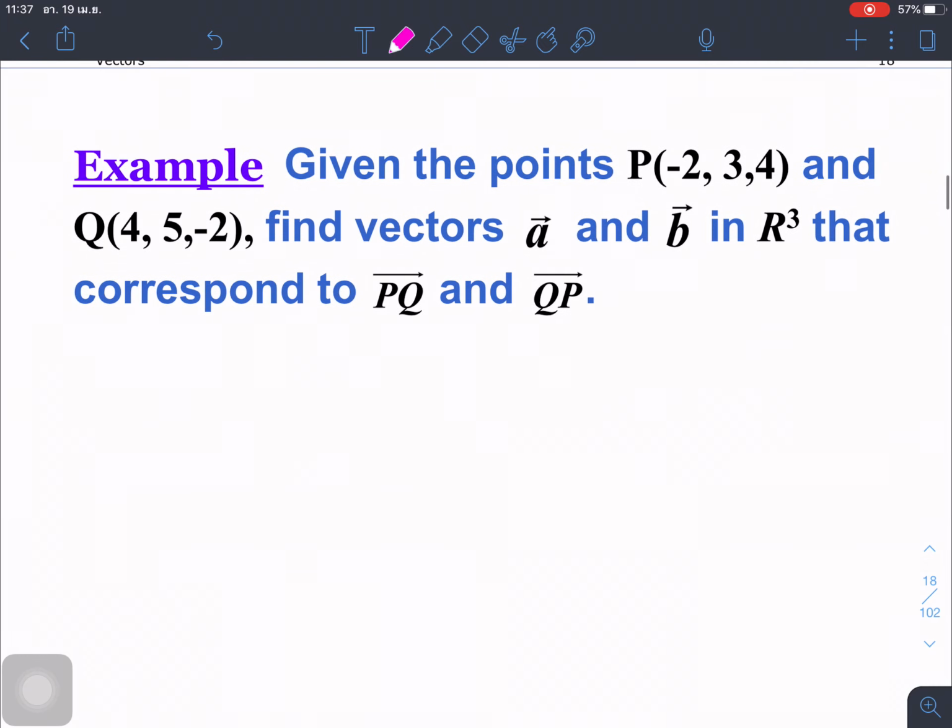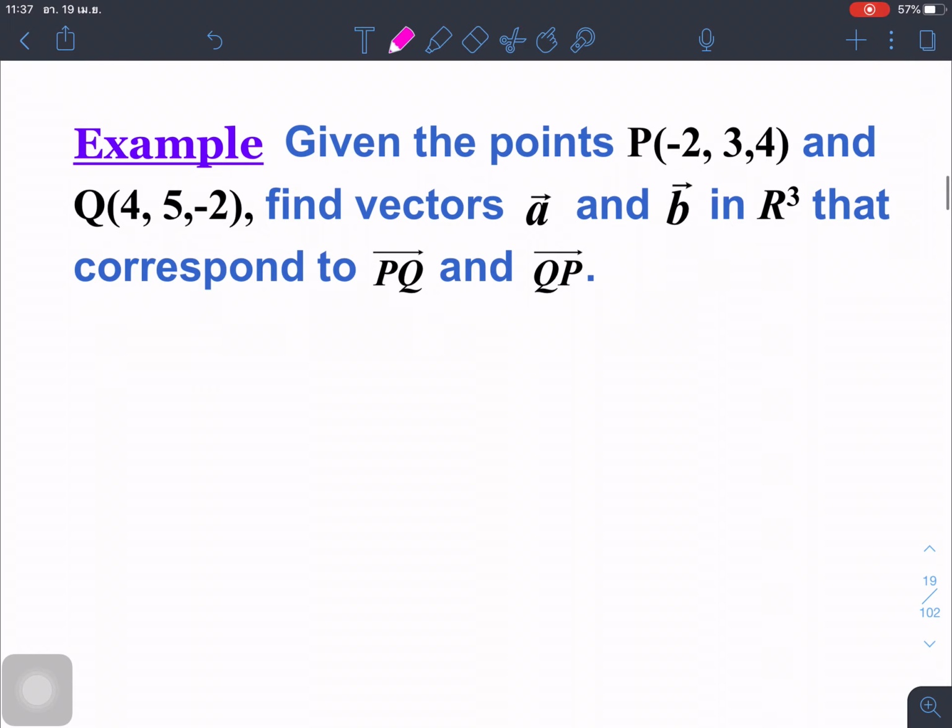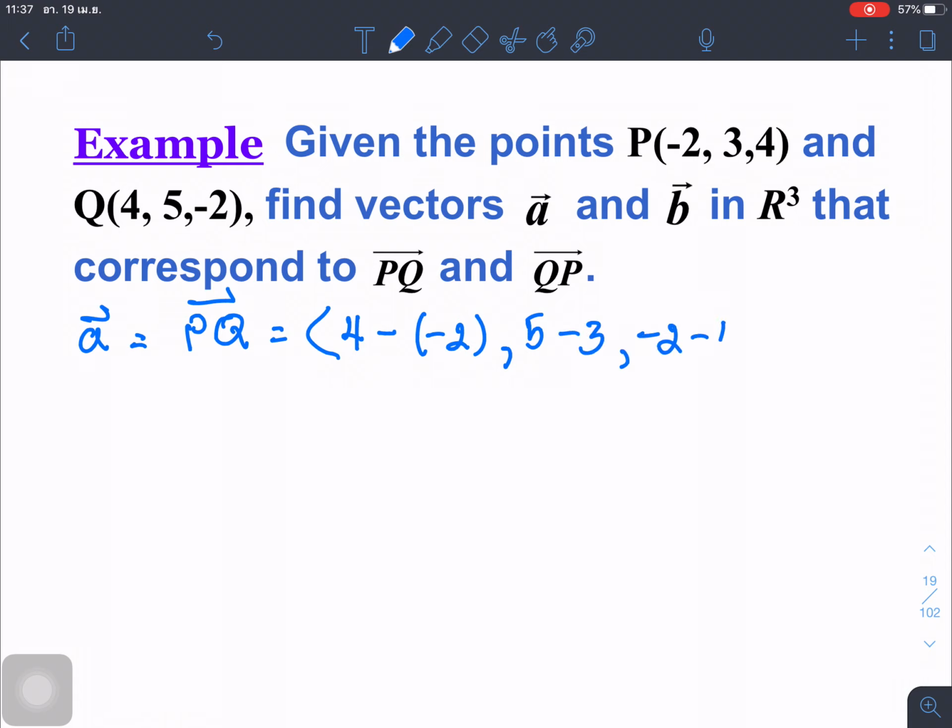All right. Pretty much the same. Given the point P and point Q, find the vector A and vector B in three-dimensional space that correspond to PQ and QP. So A is just PQ, right? So you do Q minus P, so you get 4 from Q minus negative 2 from P, and then 5 from Q minus 3 from P, and then negative 2 minus 4.